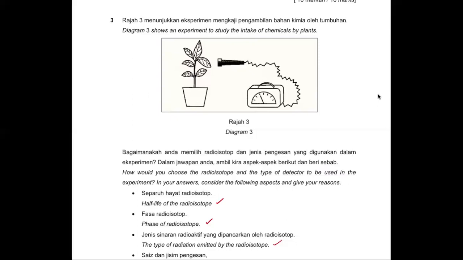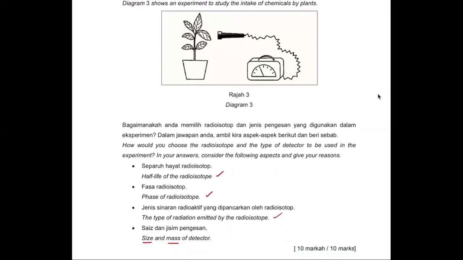Reason is because the radiation can penetrate the plant and be measured from outside. Okay, and the size of the detector, it should be small and lightweight.